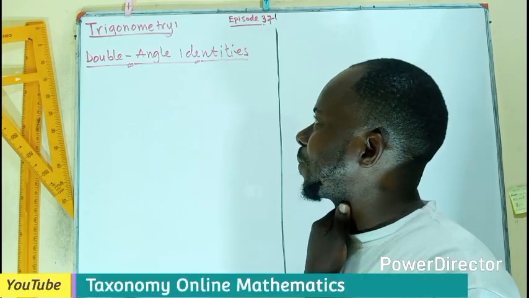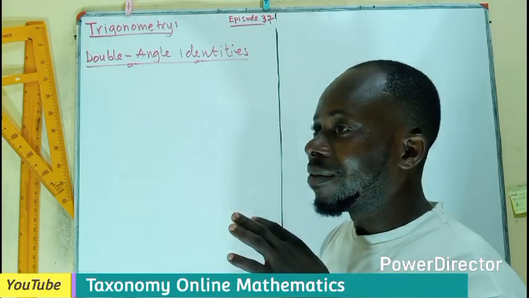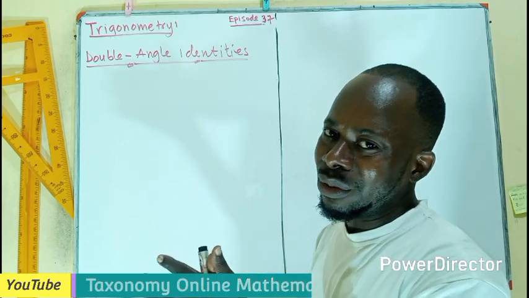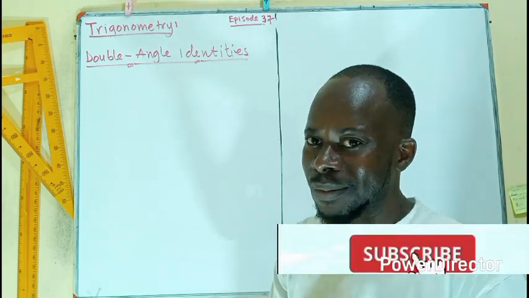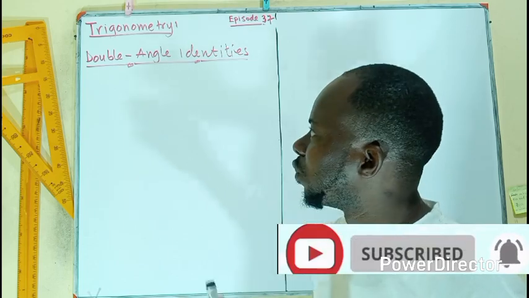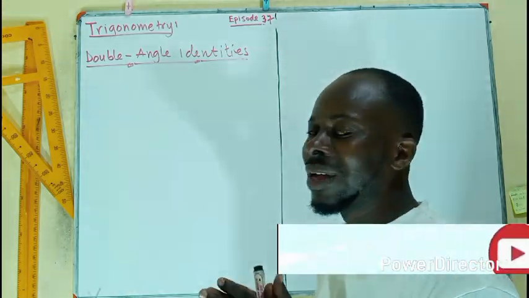Welcome. We just finished the tutorial on compound angles, which is the sum and difference. So that very development can be used to find what they call double angle identities.